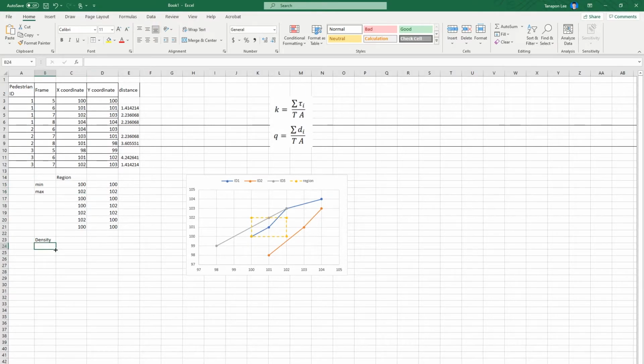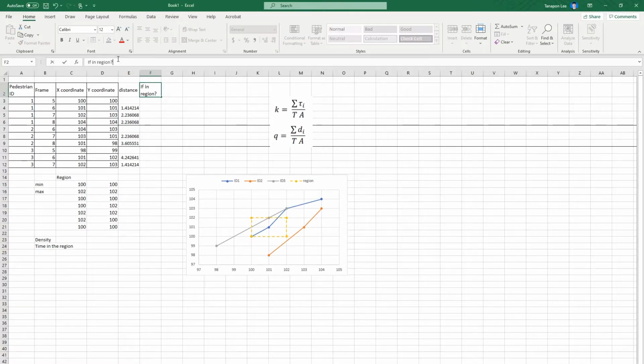So let's do time in the region. First, we need to know, for each time frame, if they are in the region.